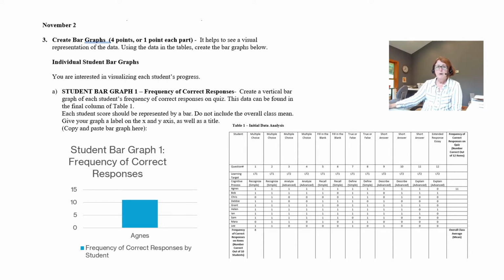So I've done the bar graph here for you, and this is how I need to see it. You could use as a title Student Bar Graph 1, which will help me connect it to which one it is, frequency of correct responses. You can see she got 11 right, and so you can simply put the students across the bottom with their names and how many they got right, and that's bar graph 1.